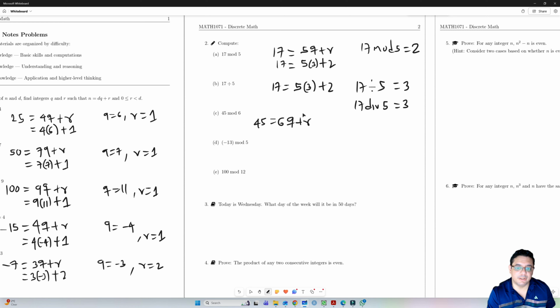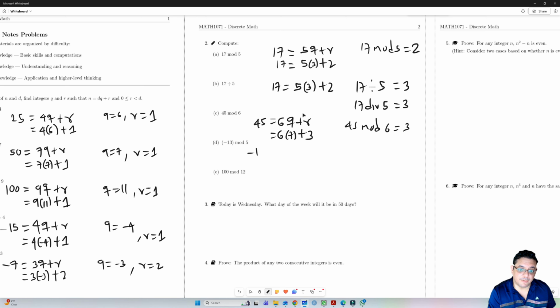So I can go with 7 times 6, which is going to give me 42, and so plus 3 is going to give me 45. Now, this will mean 45 mod 6 is 3.